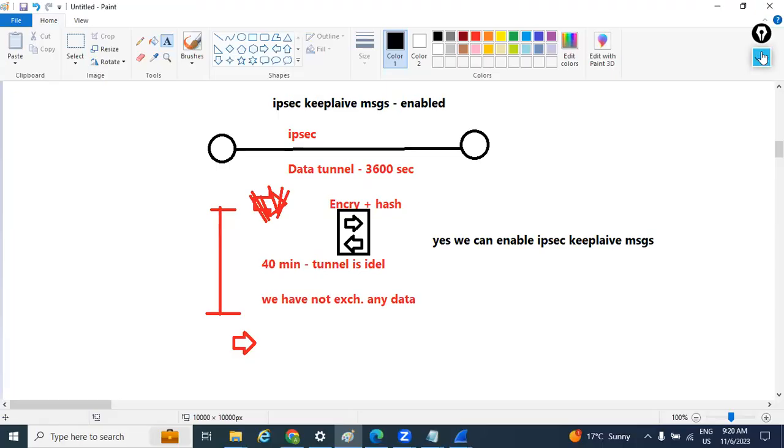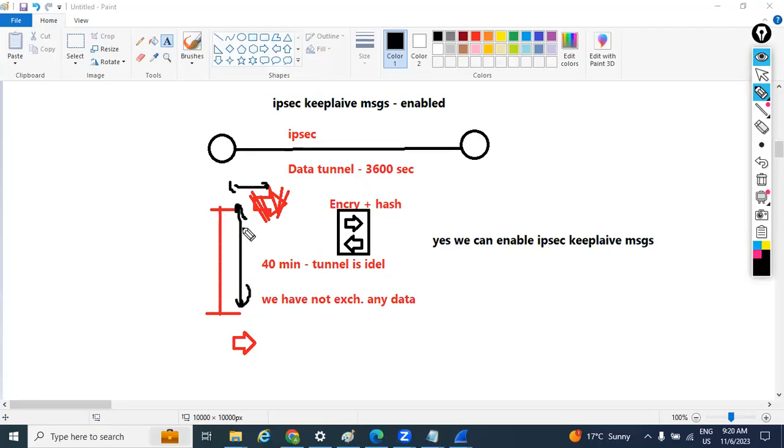Right now, I'm not exchanging any data. It's fine. After that, it's idle for 40 minutes and after that, I'm sending the data. But during the 40 minutes, both sides have exchanged multiple keep alive messages with each other.